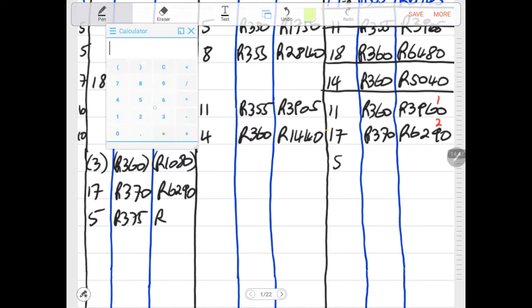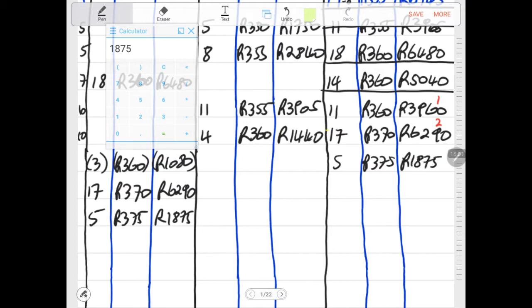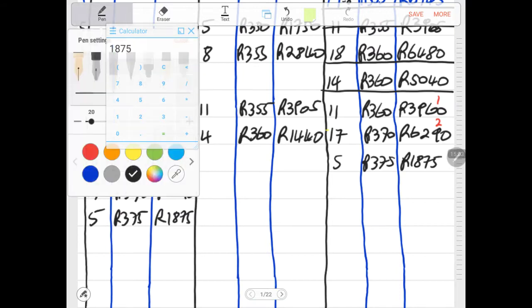Now this will be 5 by 375. This gives us 1,875. So now this inventory will be the third inventory to be issued.